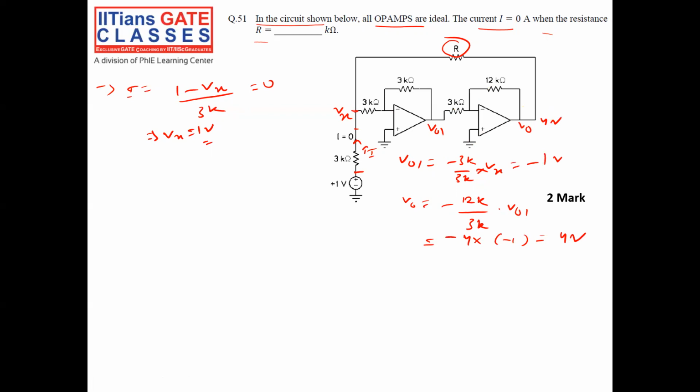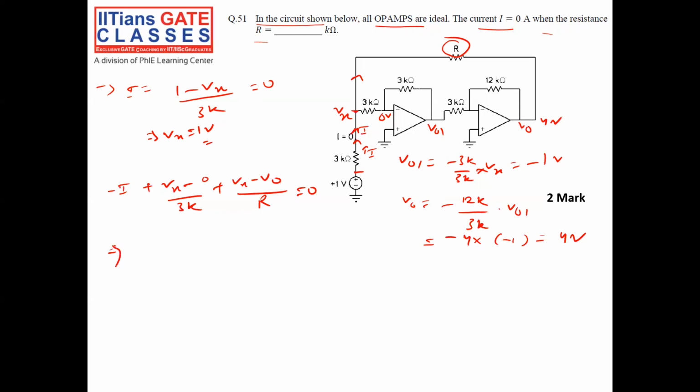Now let us put a nodal equation at Vx. Current is Vx minus 0 by 3k, because of virtual ground, plus the current Vx minus V0 by R, minus I, equal to 0.